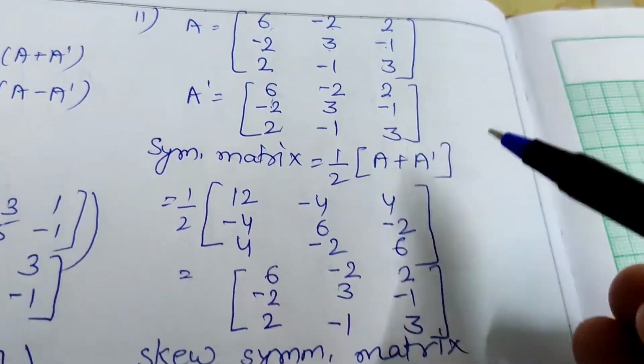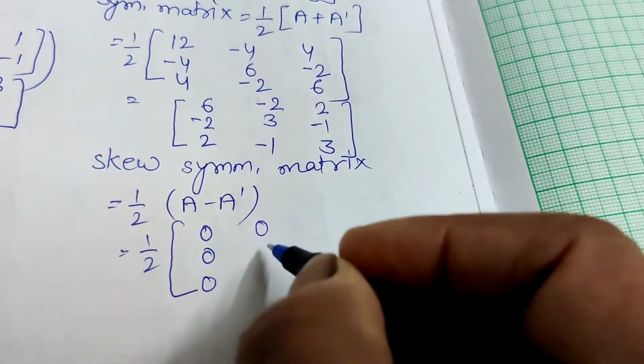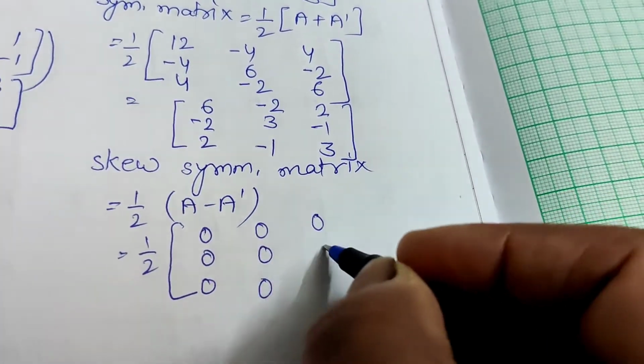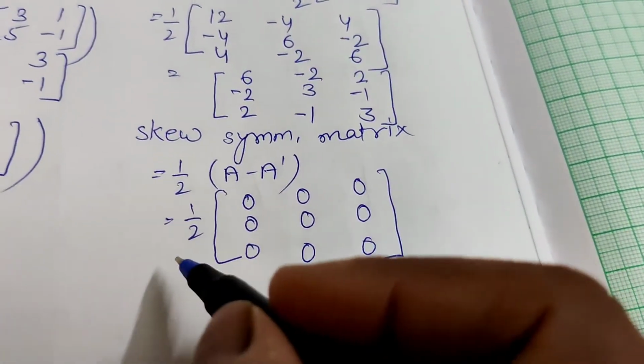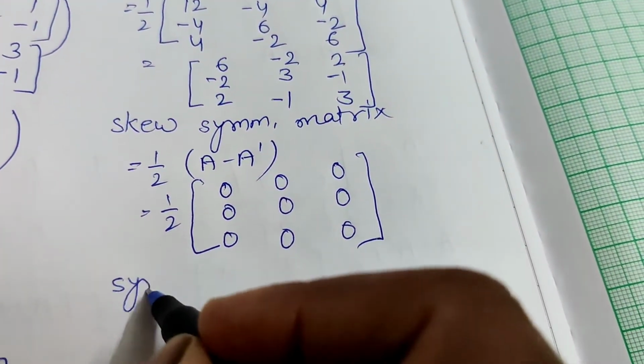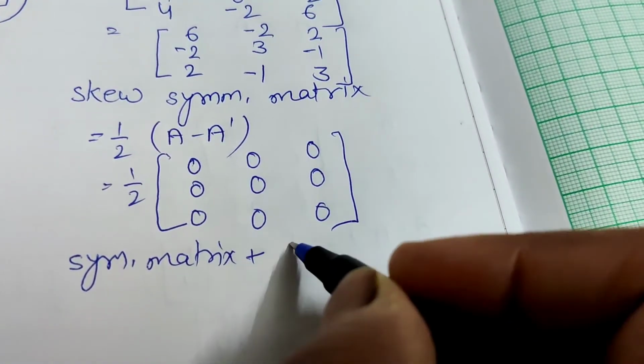The same matrix, it means we will get 0 0 0 0. All the elements are 0. For the matrix, we will add the symmetric matrix plus the skew symmetric.